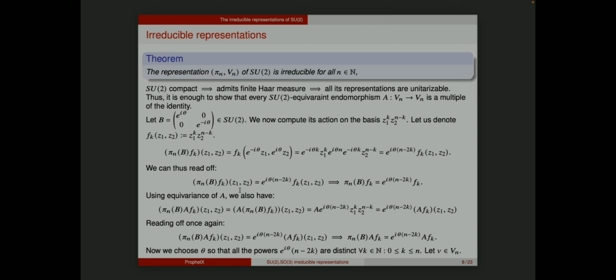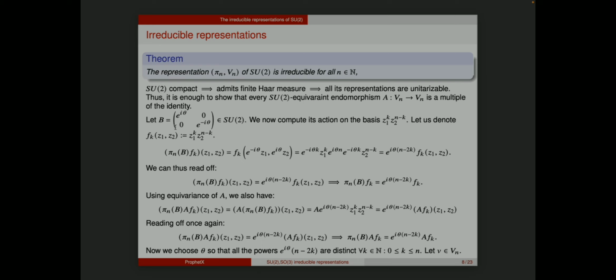And we know that compact Lie groups admit a finite Haar measure. And if they admit a finite Haar measure, this means that all their representations are unitarizable. So it is enough to show that each SU2 equivariant endomorphism is a multiple of the identity. This follows from the converse of Schur's lemma. So it's basically Schur's lemma that comes into play here.